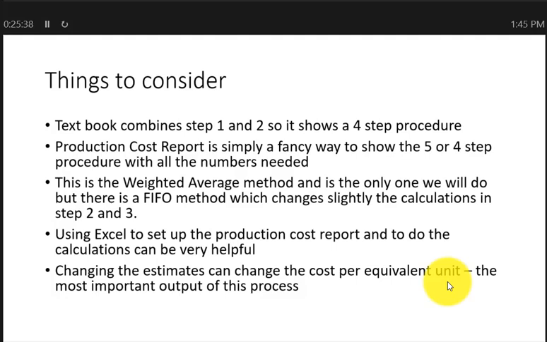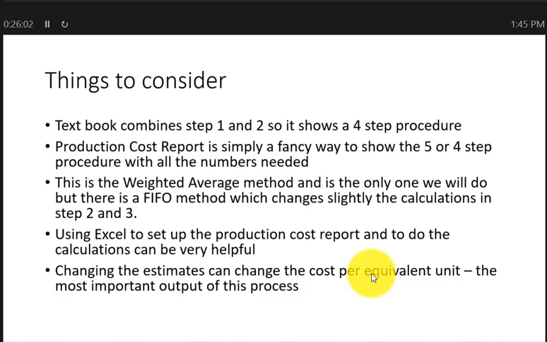I certainly recommend using Excel to set up the production cost report of the 5 steps. It'll help you by doing the calculations so that you don't make mistakes, and once you get it set up, you can do it multiple times. You should be aware that changing estimates, and they are estimates, right?